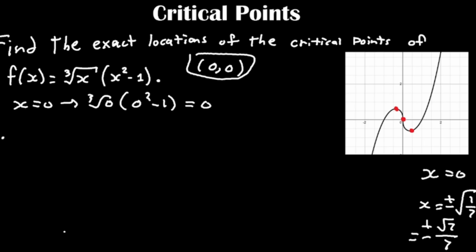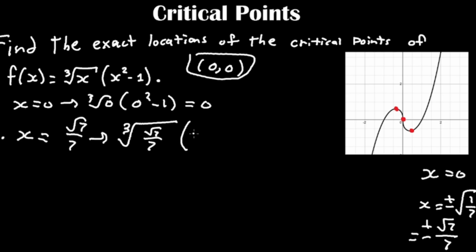Another one of our critical points happens where x is the square root of 7 over 7. So if we plug that in, we get the cube root of square root 7 over 7 times square root 7 over 7 squared. That's just 7 over 49, which is 1/7, minus 1.